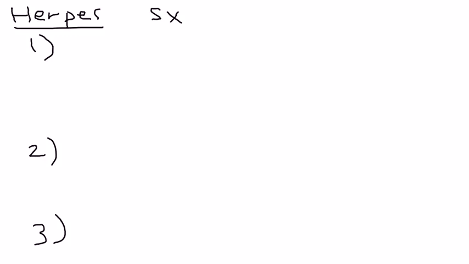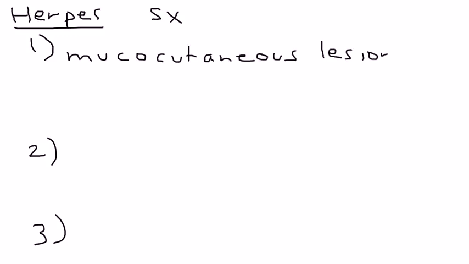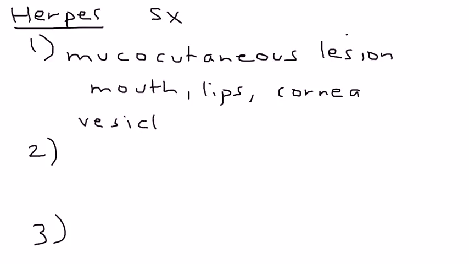The first one is a mucocutaneous lesion, and these lesions commonly occur on the mouth or the lips or the conjunctiva or the cornea. And you have these characteristic vesicles that are in clusters.